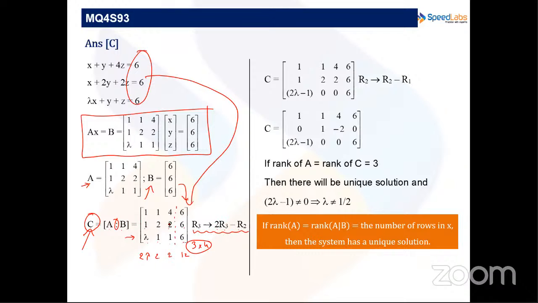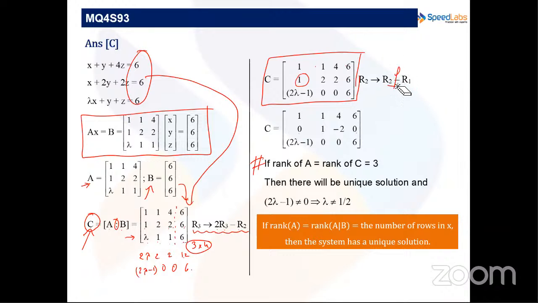And if you subtract R2 from it, then this will be 2 lambda minus 1. 2 minus 2 will be 0, 2 minus 2 will be 0, and 12 minus 6 will be 6. So we will get this one. Okay. Now, trying to make this 1 0. So subtracting these two, it is 0, 0.